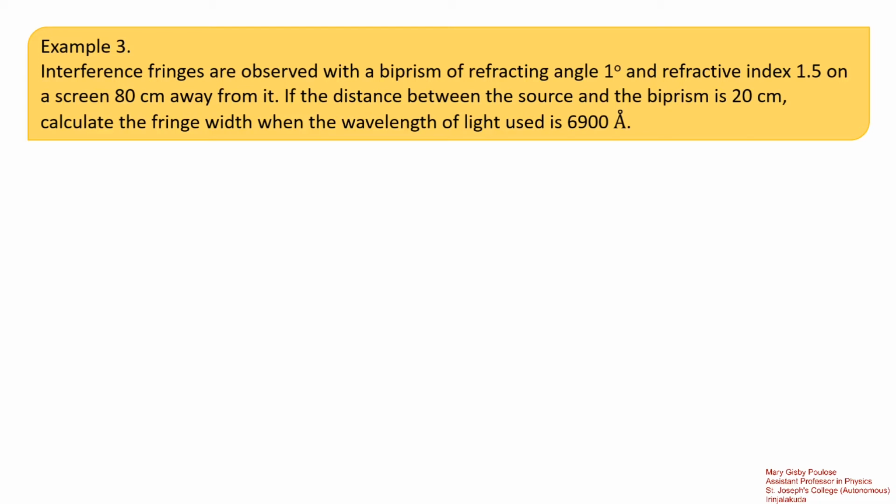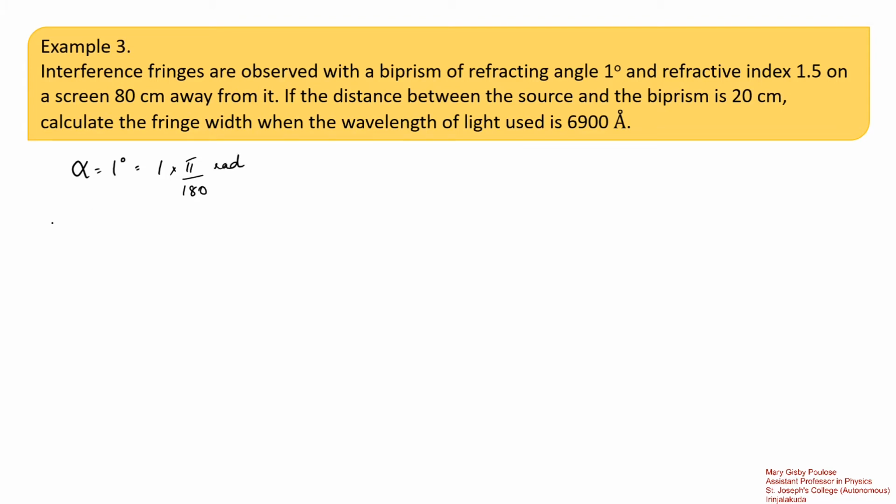Now the parameters given are the refracting angle of the biprism, alpha is equal to 1 degree. We have to convert it into the SI units, radian. So 1 into pi by 180 gives it in radians.